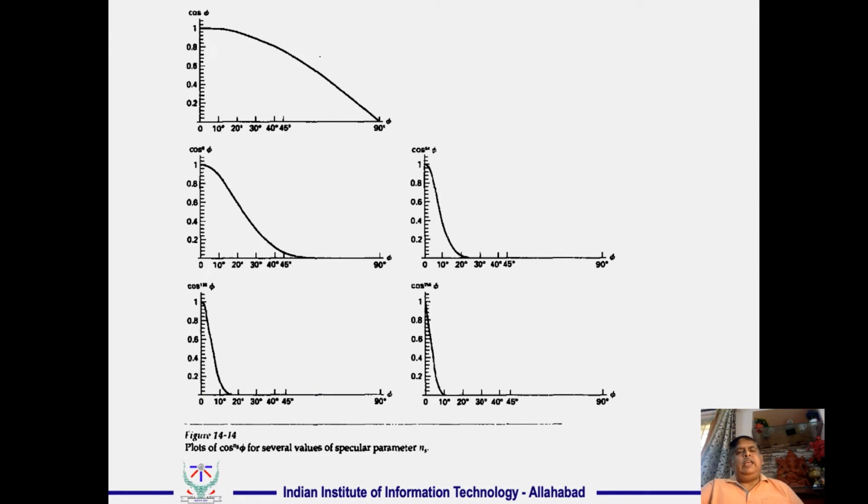Here you see how these angles, this is taken from figure 14 of the book by Hearn and Baker, showing this variation of intensity with the angle phi.